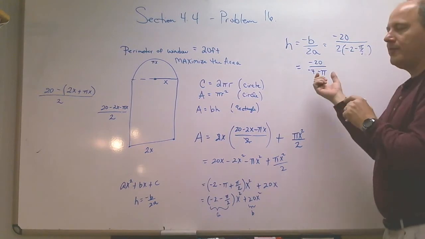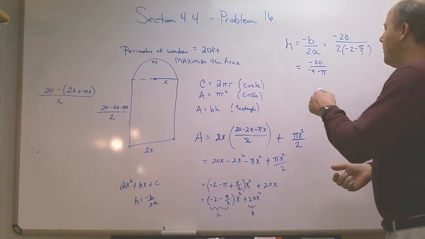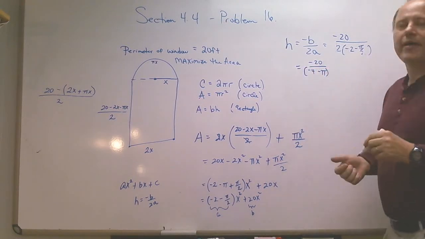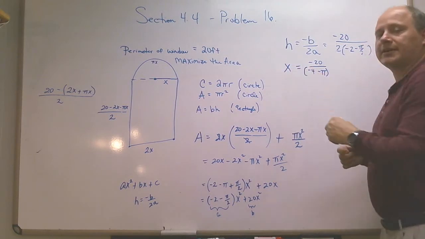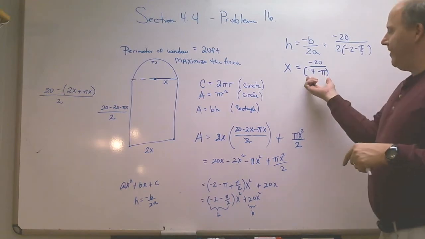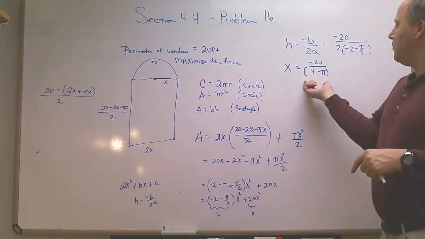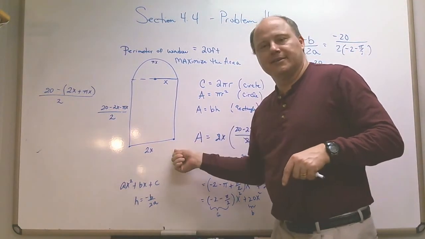Now that value of x, you'll have to plug it into your calculator to figure that out. And I will suggest that you need to put parentheses around that. So that would be the value of x that will produce the maximum. So once you've got that, then what you would do is you could double it, because 2x is the actual base of the window.